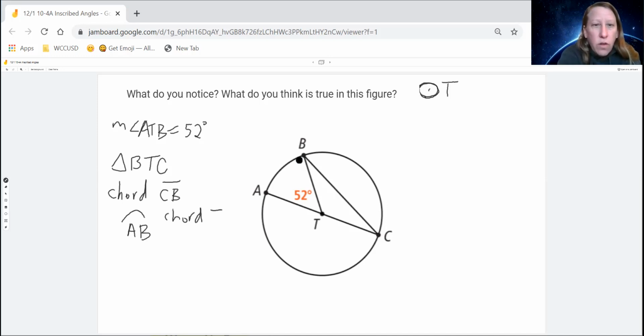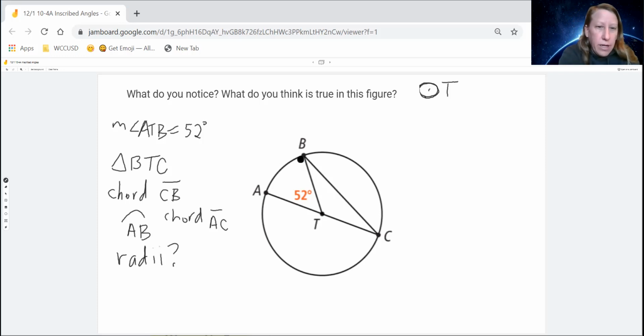That's a special chord, right? It's the chord of longest length. So it's a diameter. Do you see any radii? Radii are the key to doing circle problems a lot of the time. Triangles and radii are very important if you're working with a circle. Okay, here's the radii.